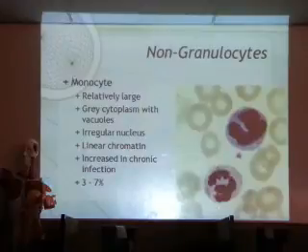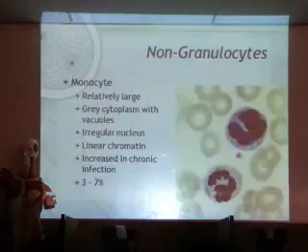It could be U-shaped, horseshoe-shaped, twisted, convoluted, could be lobulated, all different kinds of shapes. Cytoplasm is generally gray in color, sometimes bluish, but usually more gray. Sometimes they're described as having a ground glass appearance, like etched glass.